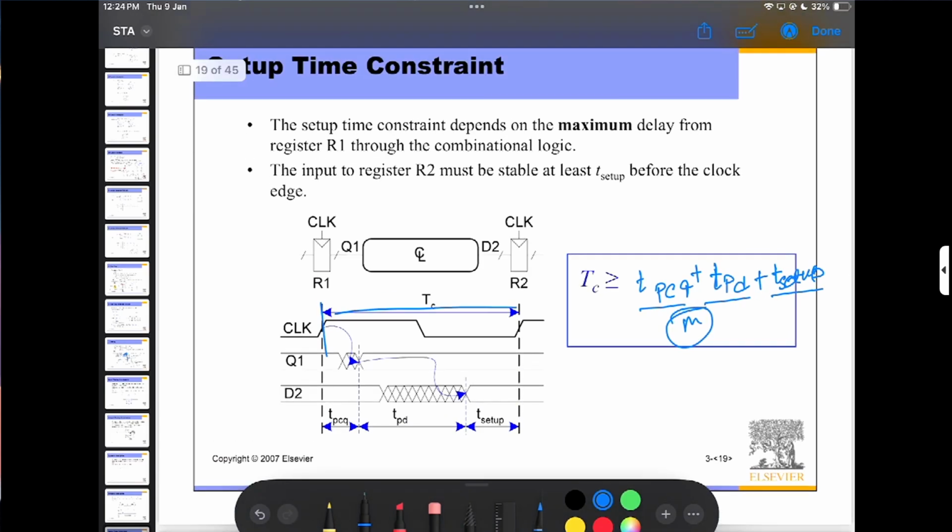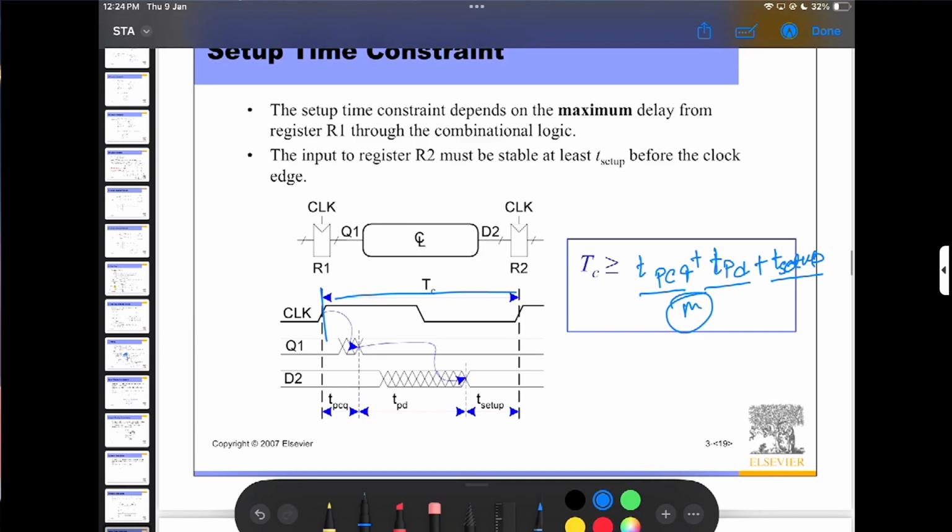Okay, that's why my TC should be like, it's a stable condition, or it's a maximum time requirement, not maximum, it's a minimum condition for TC.